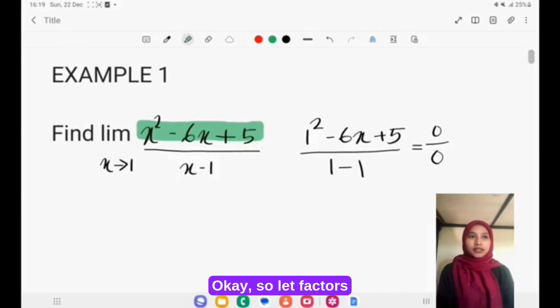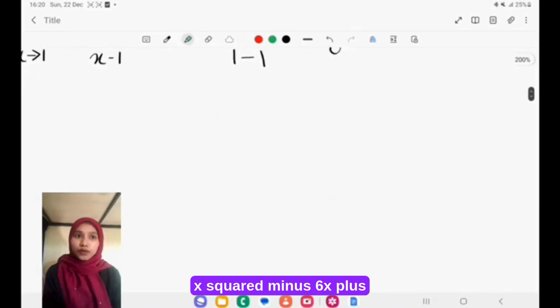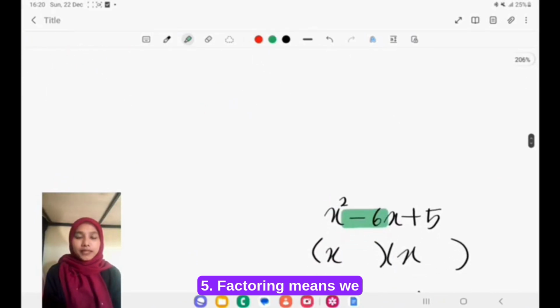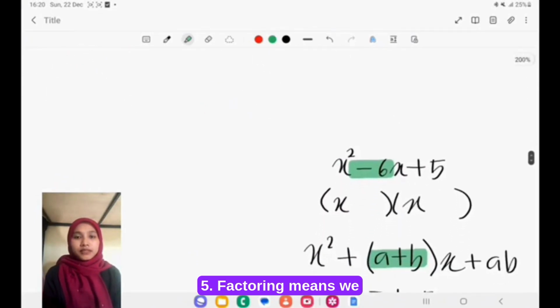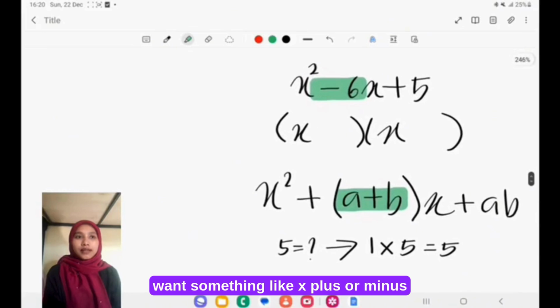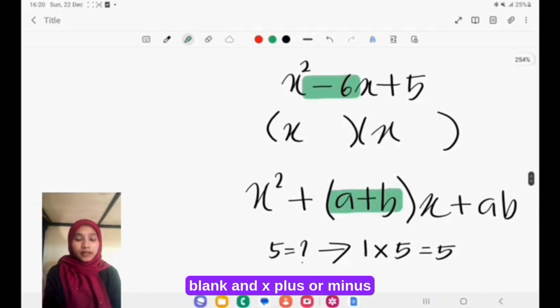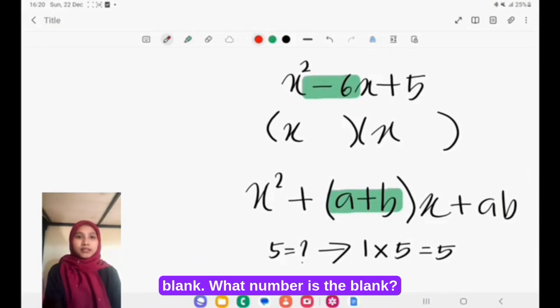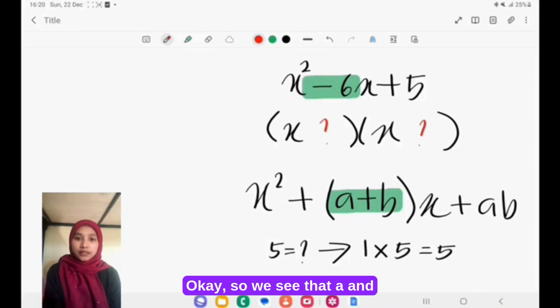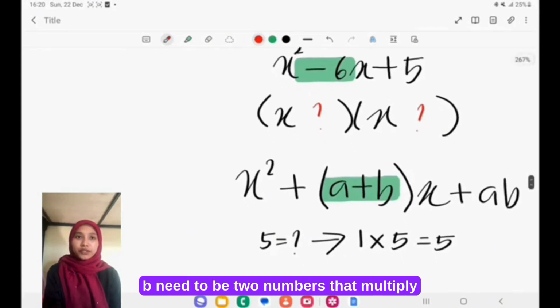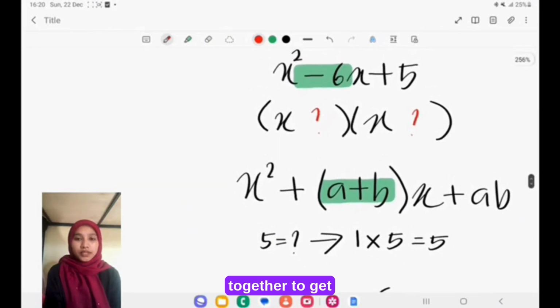Okay, so let's factor x squared minus 6x plus 5. Factoring means we want something like x plus or minus blank and x plus or minus blank. What number is the blank? Okay, so we see that a and b need to be two numbers that multiply together to get 5 and add together to get negative 6.